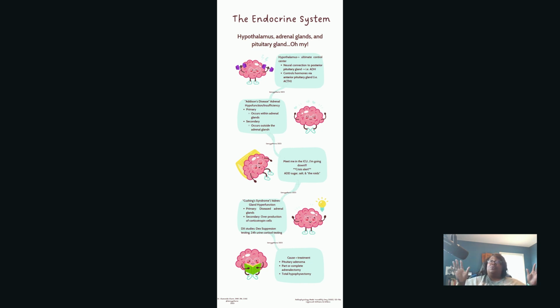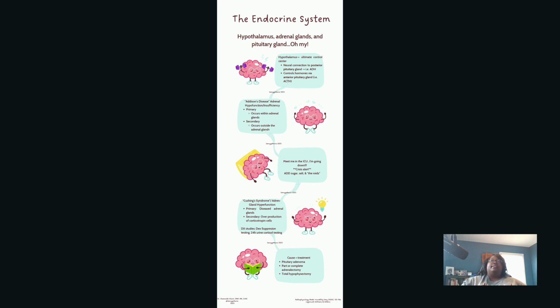Also, the posterior pituitary gland connects via neural pathways that cause the release of ADH. As you recall, we were talking a lot about ADH in our last micro session. If you haven't viewed that, now's the time to view that as well.